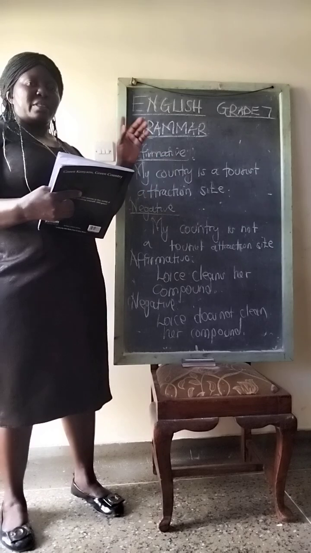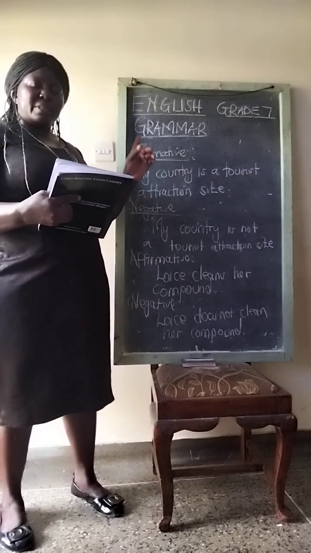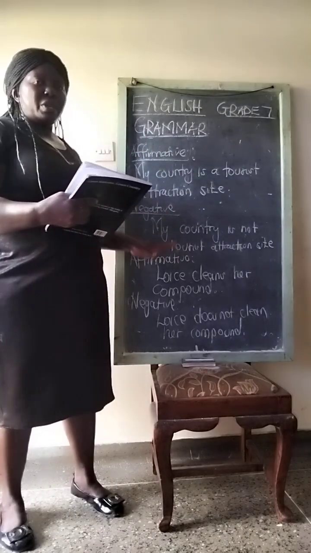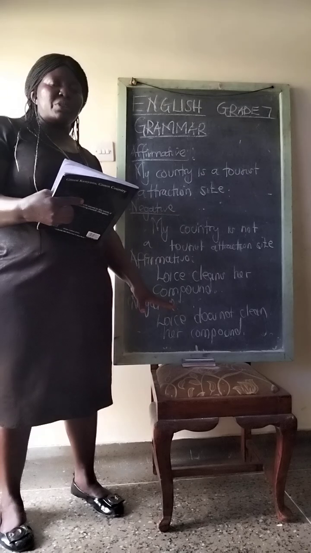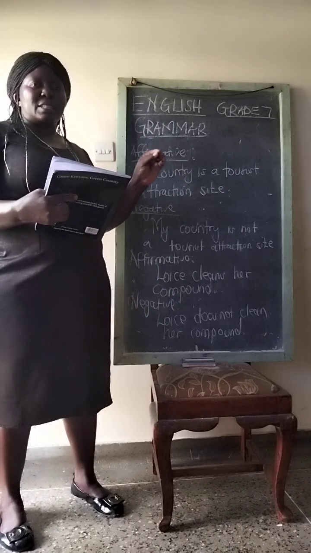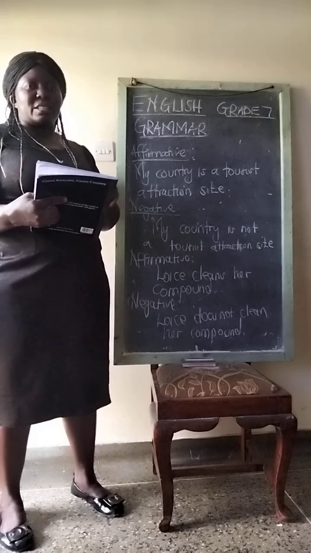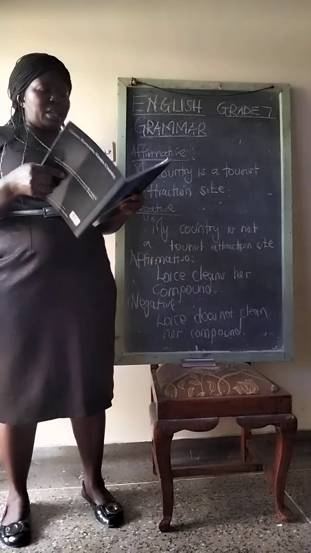The first one you write an affirmative sentence, the other one you write the same sentence but now in a negative way. When you have 6 pairs of sentences, you are going to have 12 sentences: 6 affirmative, 6 negative.